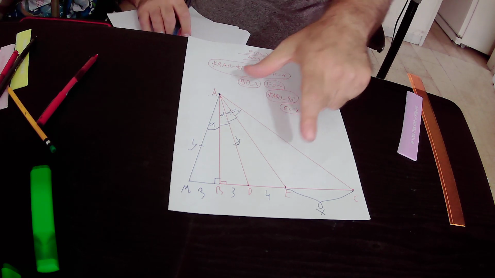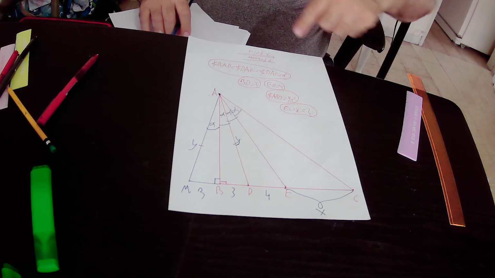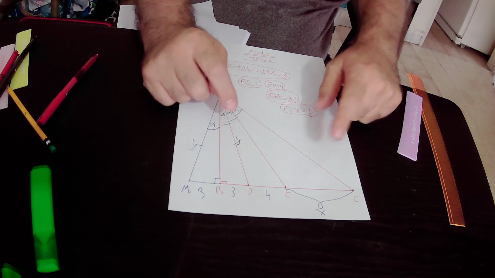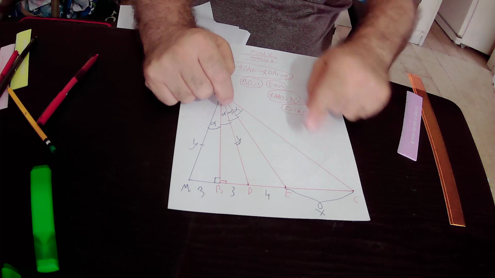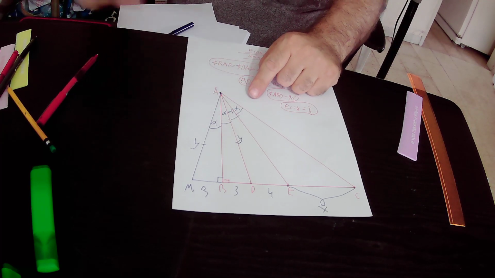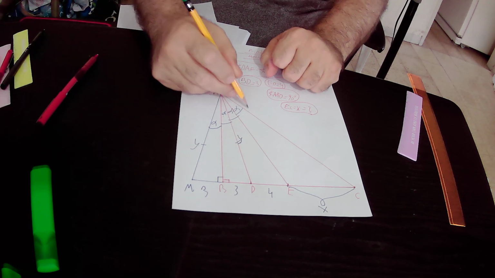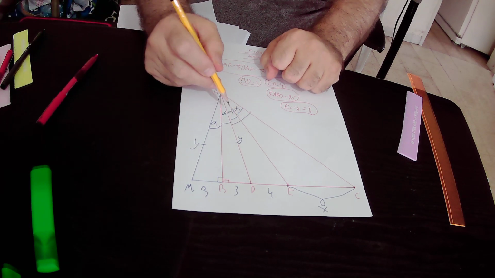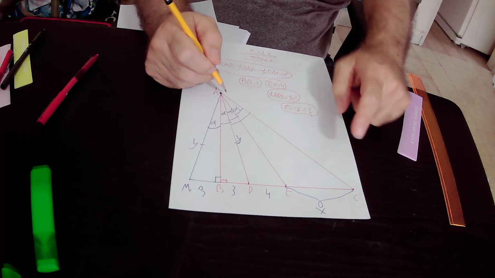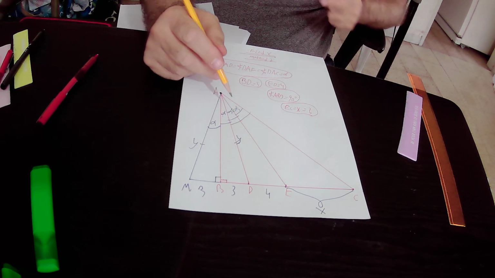Why is AE the angle bisector in triangle ADC? Because angle bisector AE divides angle DAC, this angle, into two equal parts, alpha and alpha. Therefore, AE is the angle bisector in triangle ADC.